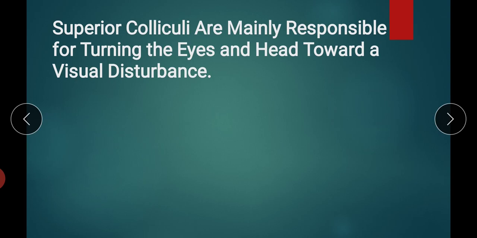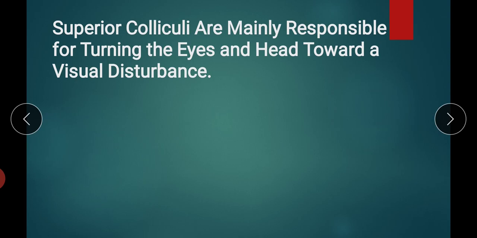Whenever the head moves, there is simultaneous movement of the eyeball, and at that time it is important to keep the image of interest in focus; then we can maintain balance. The superior colliculi and the third, fourth and sixth cranial nerve nuclei are connected with the vestibular nuclei, and together they control the movement of the head and the eye. In that way they maintain the image clear as well as the balance.